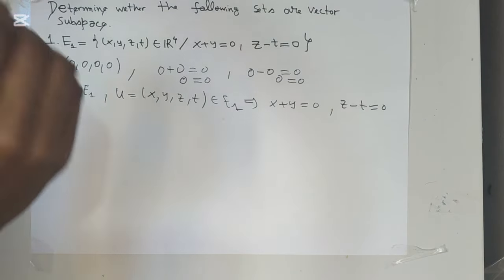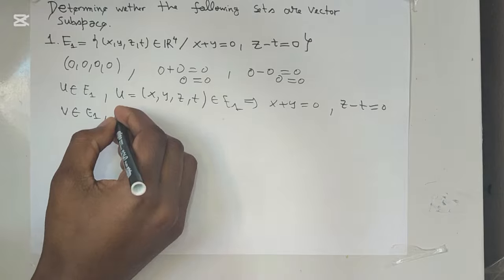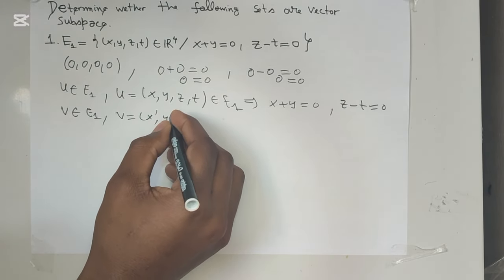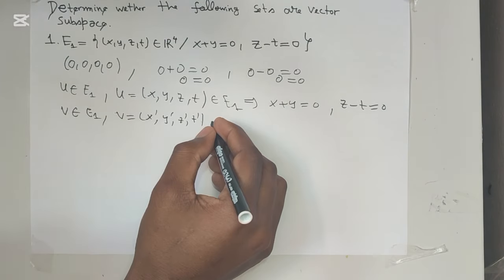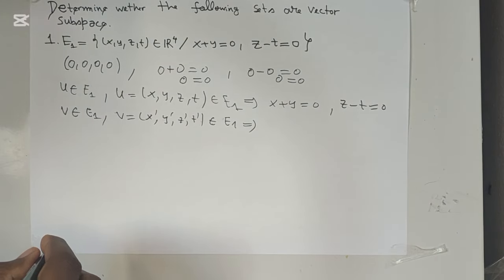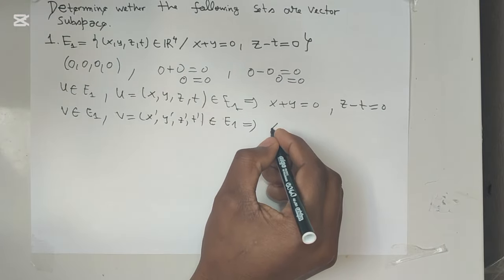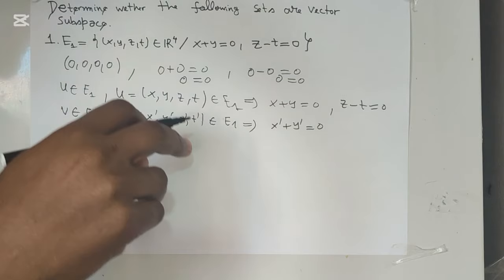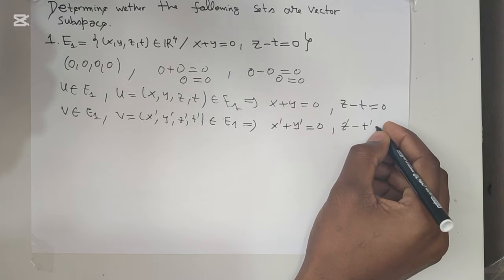And then if I have v belongs to A1, and I say v is x prime, y prime, z prime, and t prime, and it belongs to A1, then because of the set, the sum of the first two must be equal to 0, and the subtraction of the last two also must be equal to 0.